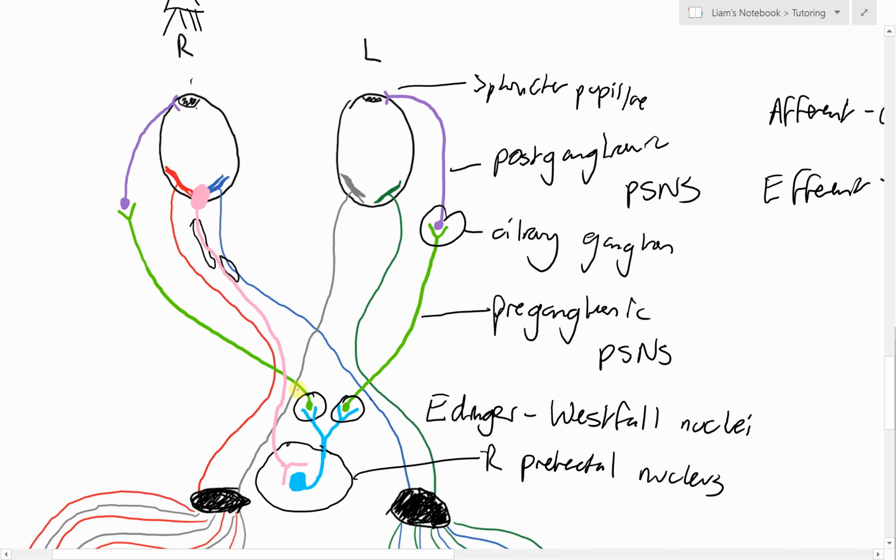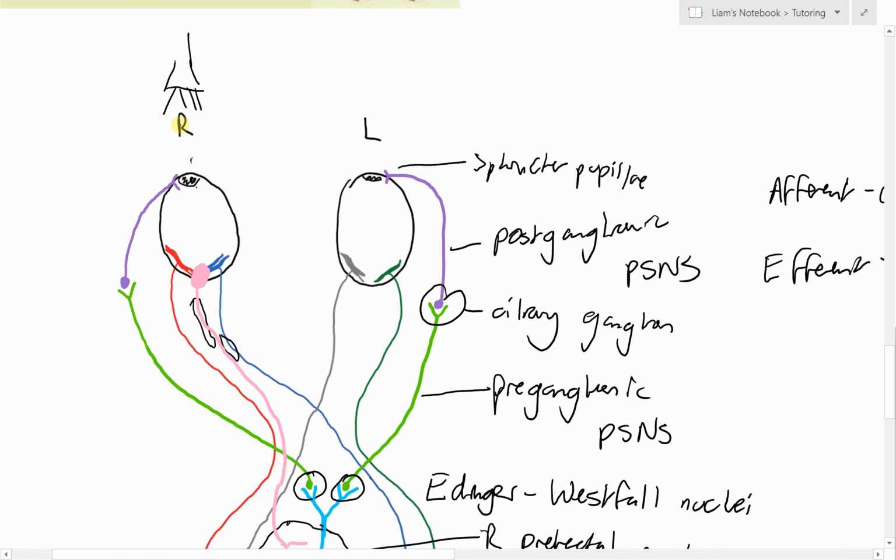So what that means is that the message does eventually get there, it just takes a really long time. And when you're doing the swinging test, say we start in the right eye and say that this is a lesion affecting the right optic nerve, we swing from the right to the left eye. The left eye constricts fine. The right pupil constricts fine.